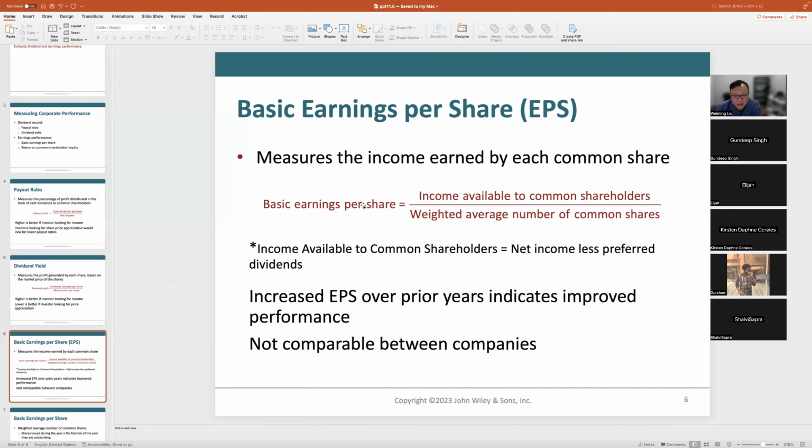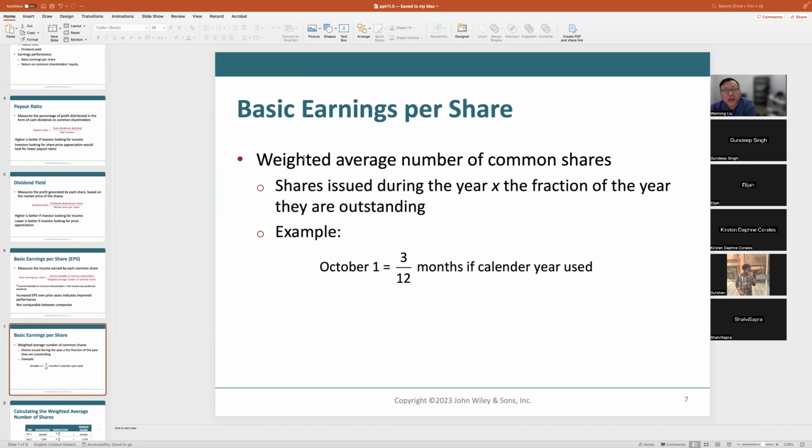So first, I want to introduce the concept of weighted average number of common shares. Basically, they consider the total number of common shares you are holding, and also how long you have held those shares for that fiscal year.